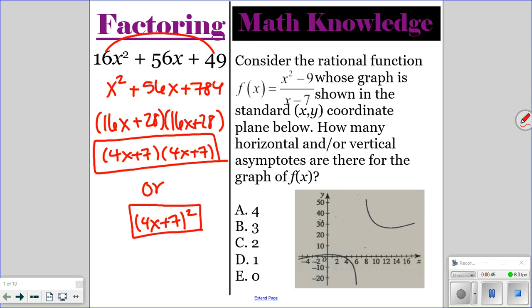Okay, for the math knowledge question, it wants to know how many horizontal or vertical asymptotes there are. Well, we know that there is going to be a vertical asymptote at 7 because our denominator cannot equal 0. So we know we have one asymptote here. There's another asymptote, but it's not horizontal or vertical.